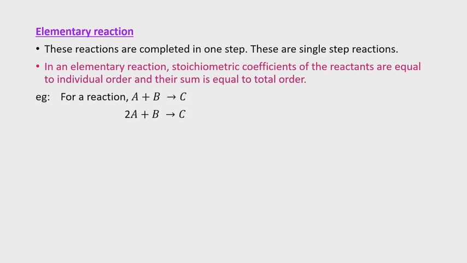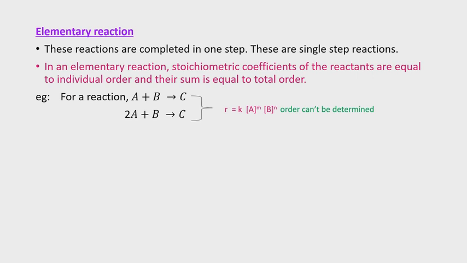For a reaction, A plus B gives rise to C, and second reaction 2A plus B gives rise to C. So how can you write the rate equation? All of you know already, we learned how to write the rate equation. So now look at this, the rate equation for those two reactions which are given to you.